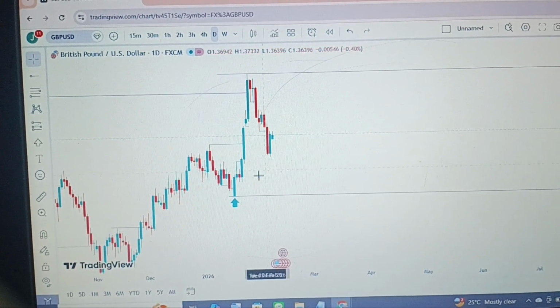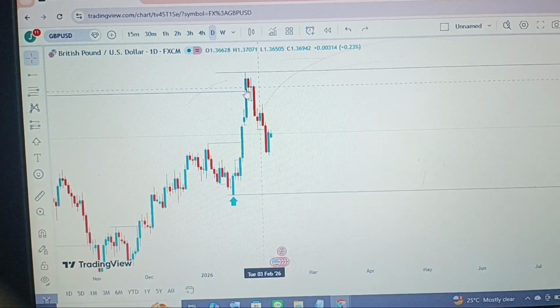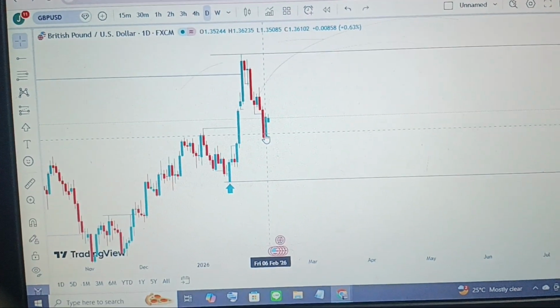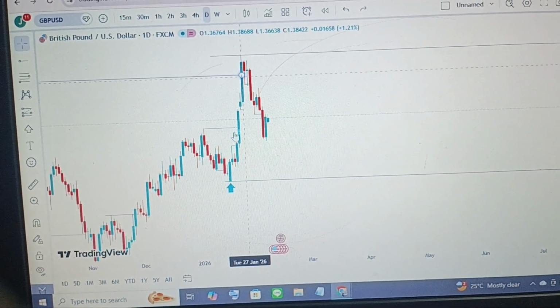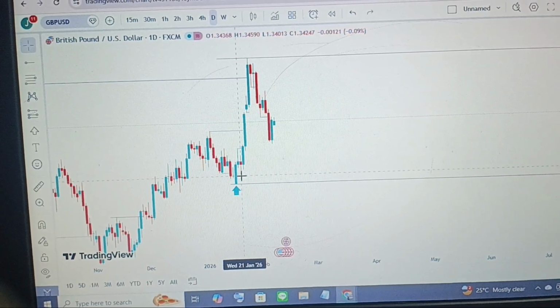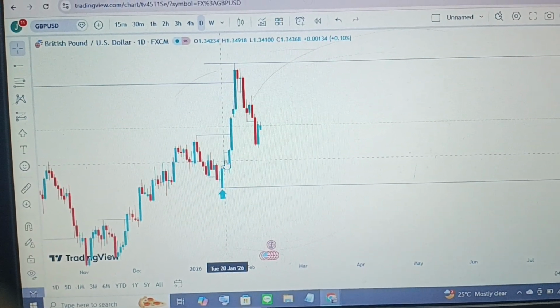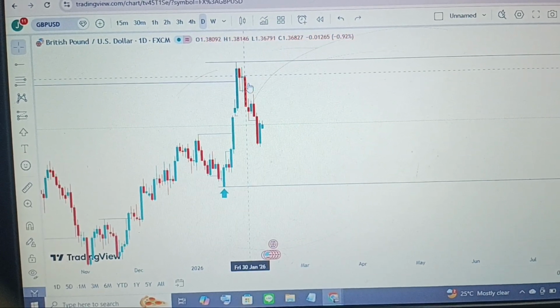So we want to be able to pinpoint at what level this market is going to reverse to the upside as this bearish move is pushing to the downside. What we want to focus on here is this impulsive move. The reason I focus on it is to figure out our level of demand, at what level this market is going to push to the upside as this bearish move is coming down.